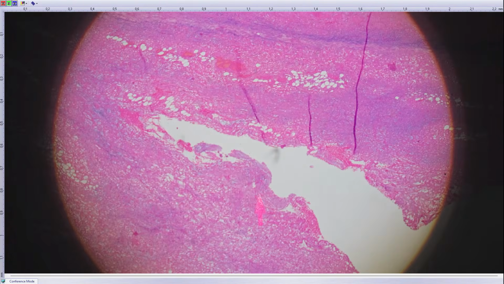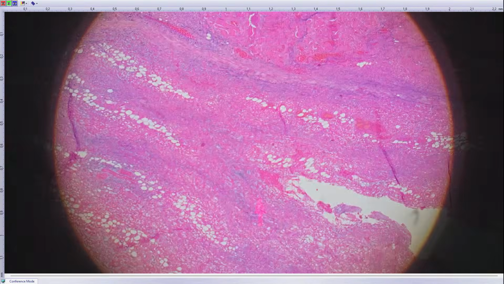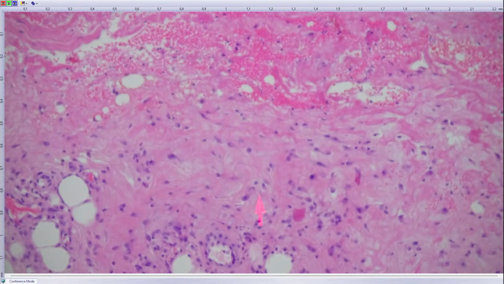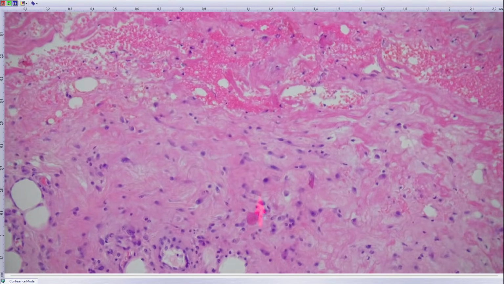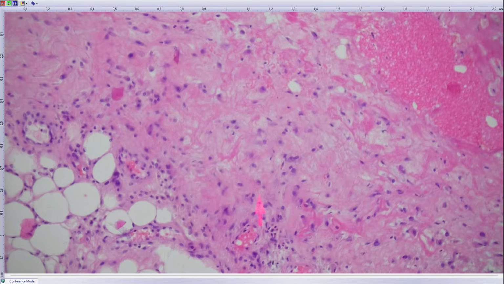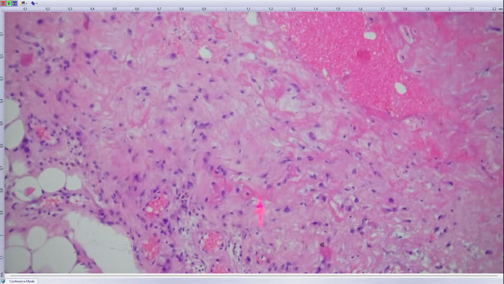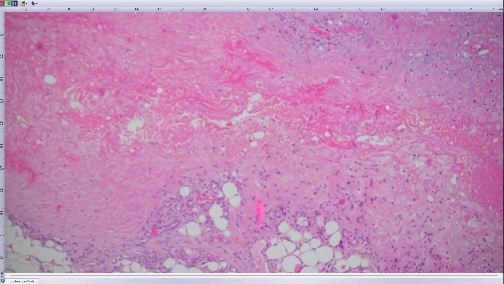And the very diagnostically helpful feature is these prominent areas of fibrinoid necrosis in the center, which then continuously transform into areas like this, which are composed of these fibroblastic cells, which are often atypical. That's why it's called atypical decubital fibroplasia. You see also prominent nucleoli sometimes, but importantly, there are usually not many mitoses, and there are no atypical mitoses.